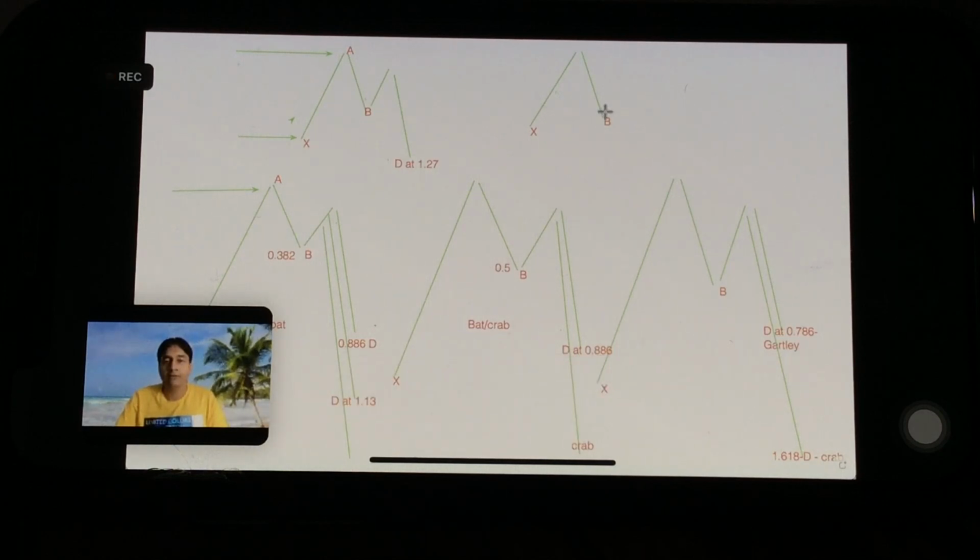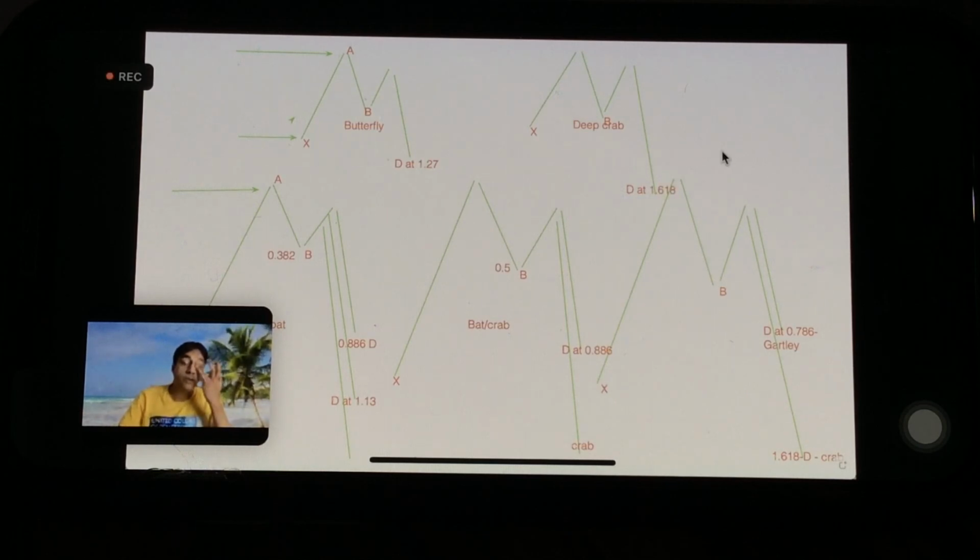Then that will be which pattern? This one will be butterfly. 0.786 B point will be butterfly. And this one will be deep crab. For deep crab, B point will be at 0.886 and D point at 1.618.